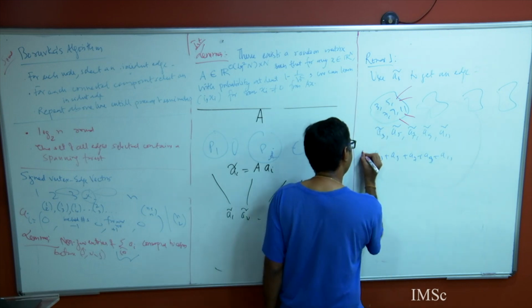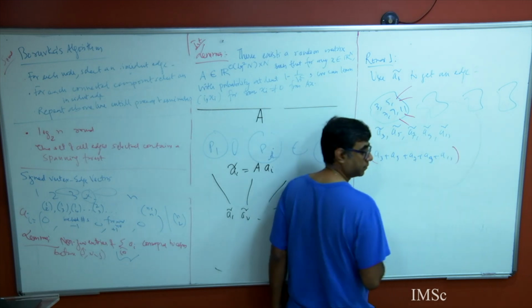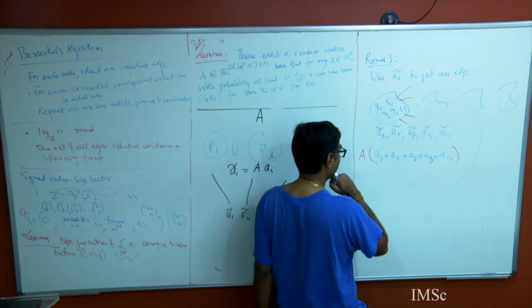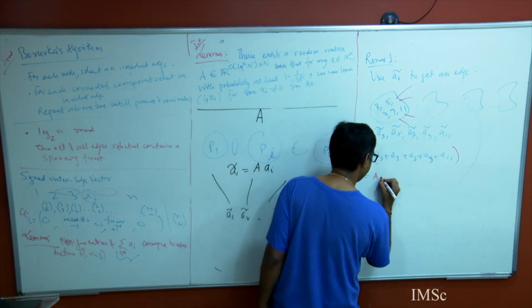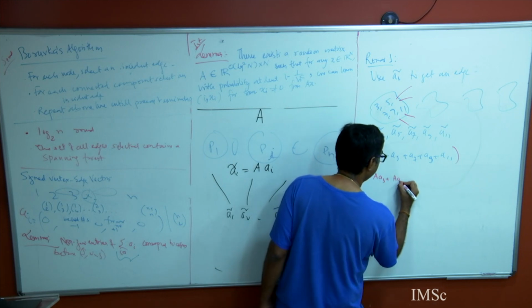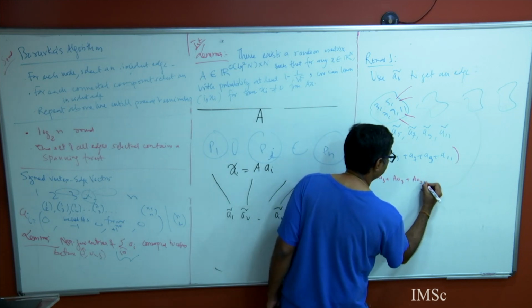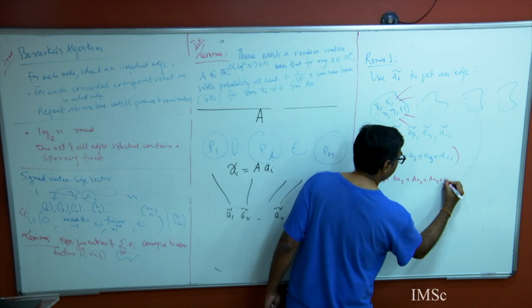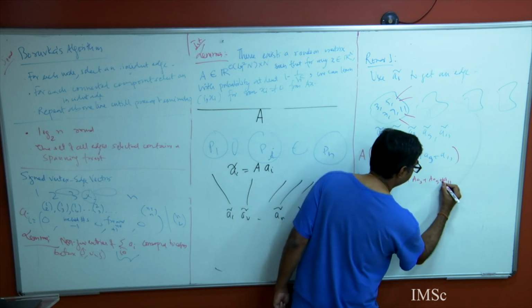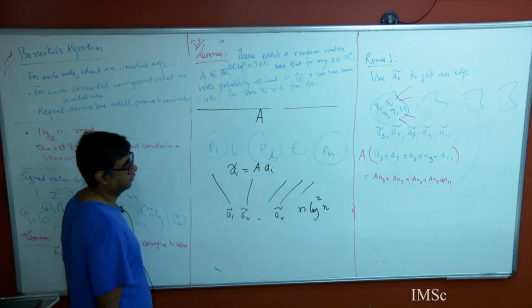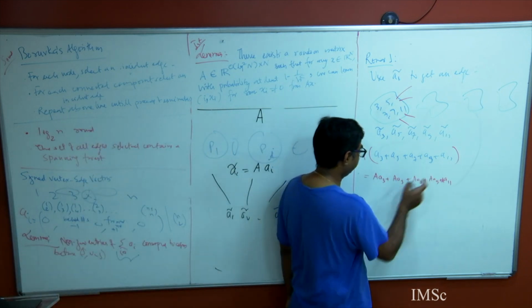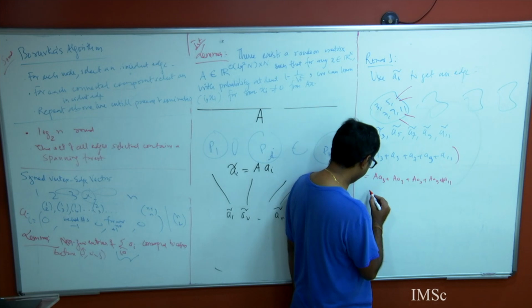But now let's apply A to this. A applied to this is equal to A A_3, A A_5, A A_7, A A_9, A A_11. Why? Because A is linear. So A of this is A of this. Great.